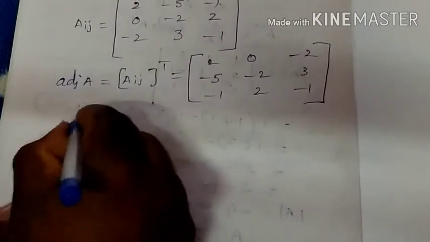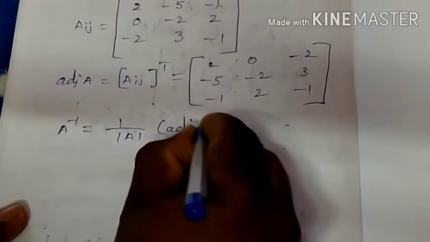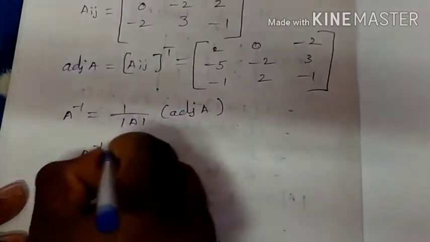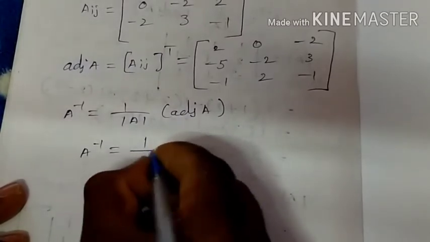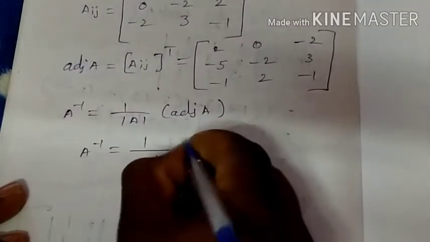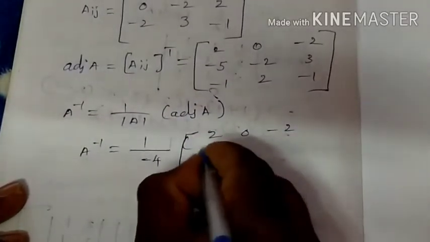And A inverse equal to 1 divided by determinant of A into adjoint A. A inverse equal to 1 divided by the determinant of A, whose value is minus 4, and the adjoint A value is 2, 0, minus 2, minus 5, minus 2, 3, minus 1, 2, minus 1.